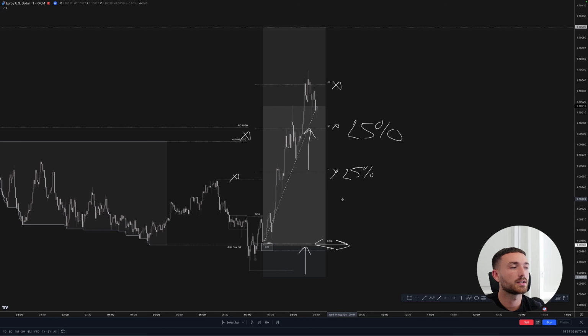Once again, if price were to reverse, I bank 50% of my original position, and I'm protected because my SL is in profit, which means if the remaining 50% of the trade was to fall down, I cut off my losses there. Then we have the 3 standard deviation. Once again, another 25% in this instance. And then I leave a runner on all the way to the top and try to maximize as much as I can from this trade.